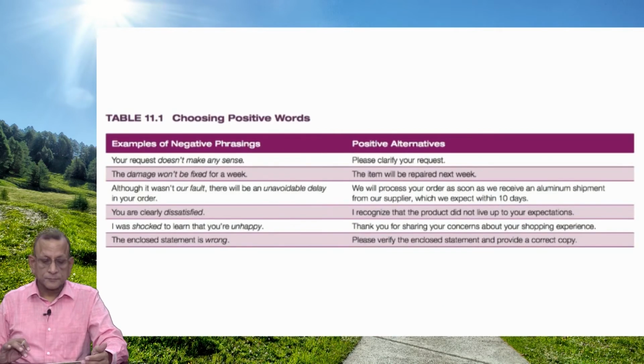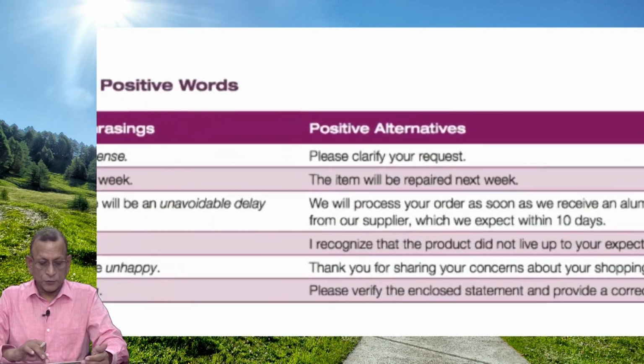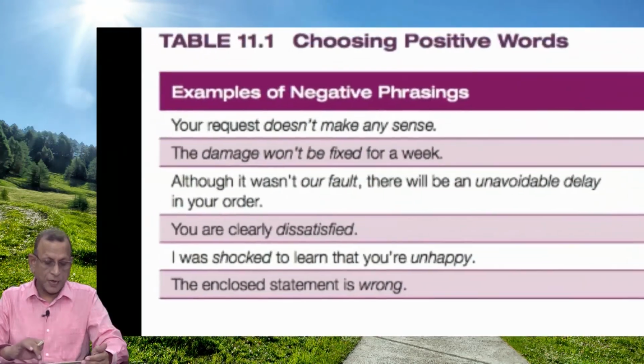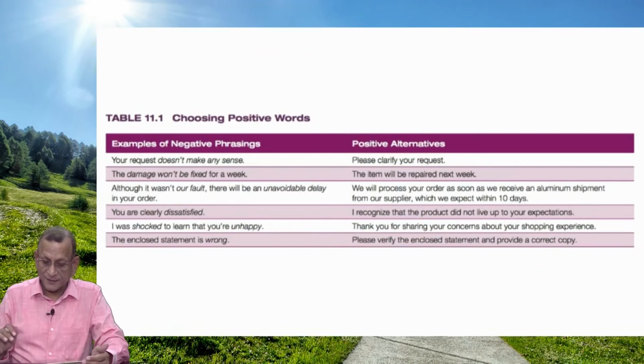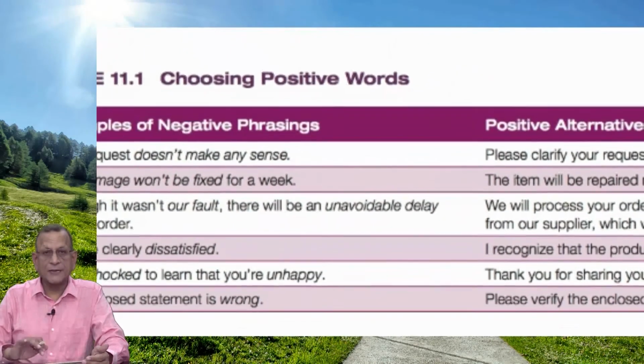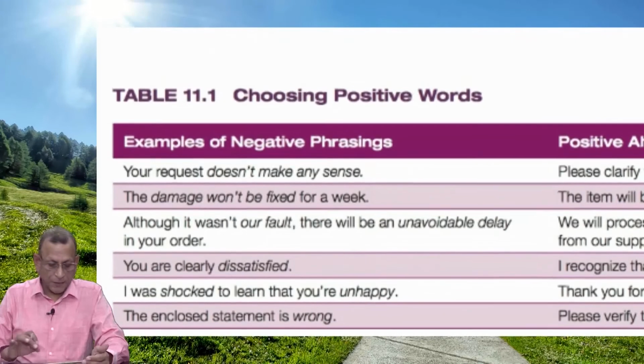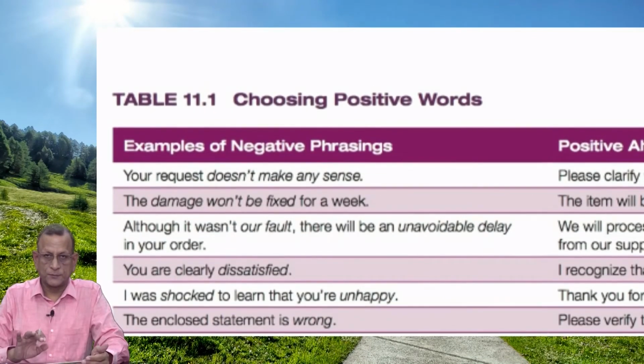Friends, we have options to use positive words. Normally, the negative phrasings which are being used are there in this slide. So let's read the negative phrases which may be used, and then instead of the negative phrases, what kind of positive phrases we can use.